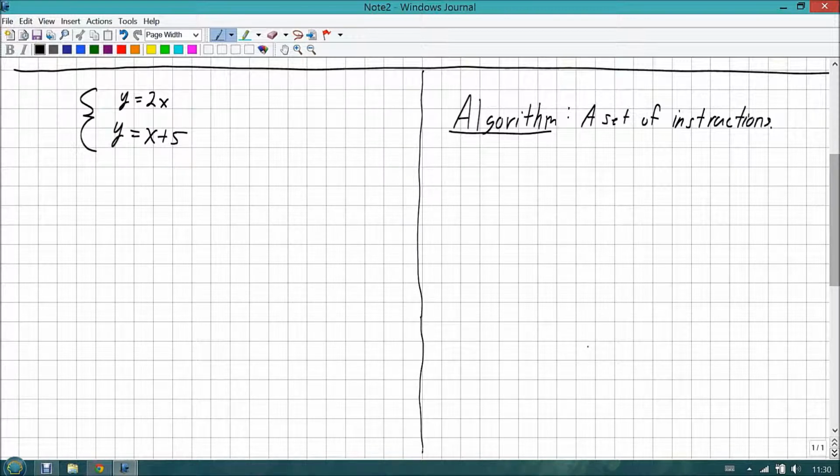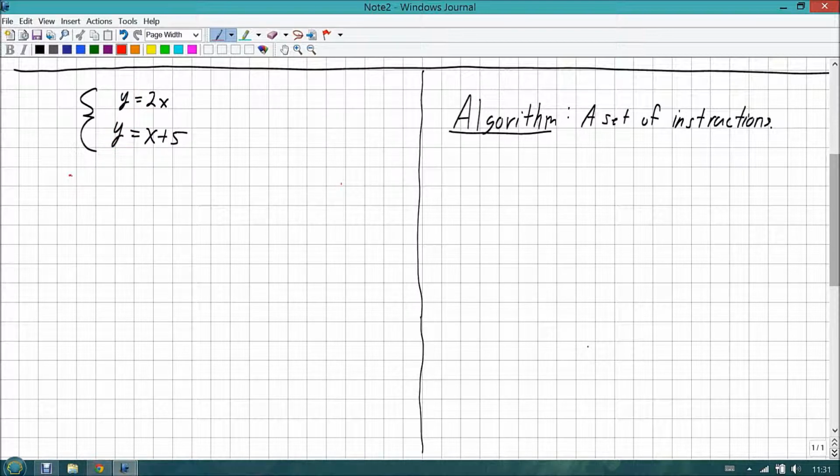Now, for this algorithm, what we are going to do is substitute one equation's variable for another. For an example, on this one, I notice that my y's are already solved for. They're on one side of the equation with everything else on the other.